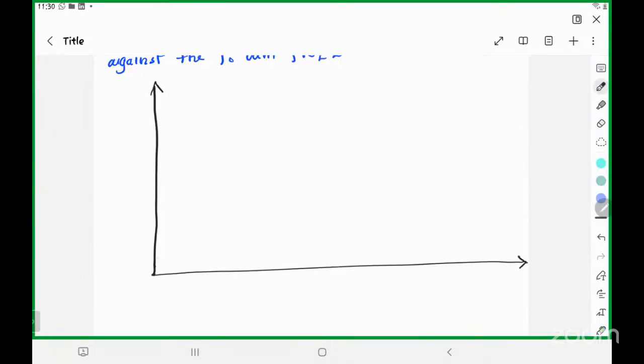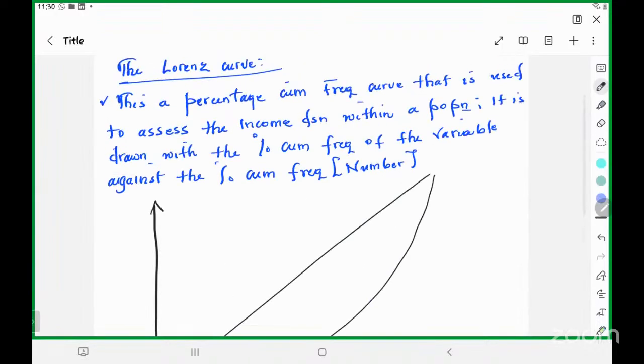You'll have what we call the line of equal distribution. And then the Lorenz curve comes like that.